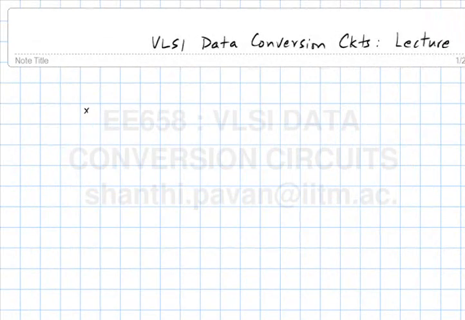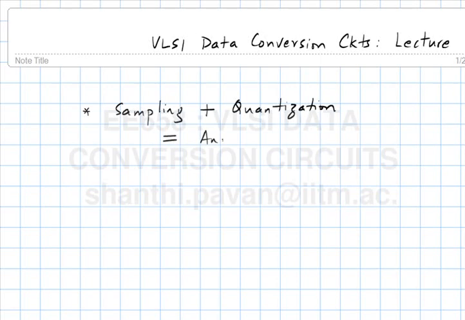So the combination of sampling plus quantization is called analog to digital conversion. And this typically happens on the input side of a system, where you need to take signals coming from sensors and interface them to a digital state machine. That could be a DSP, a microprocessor, whatever.